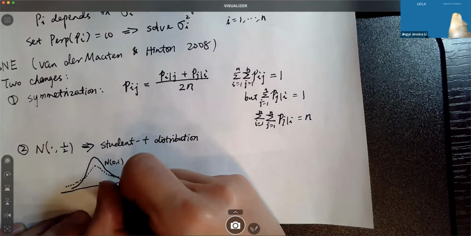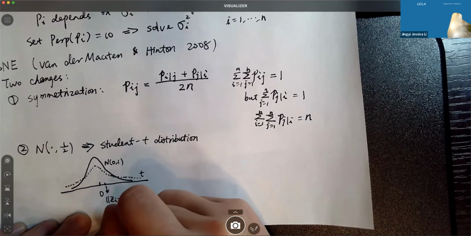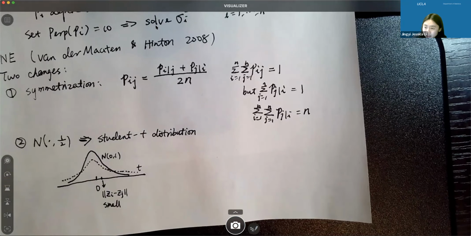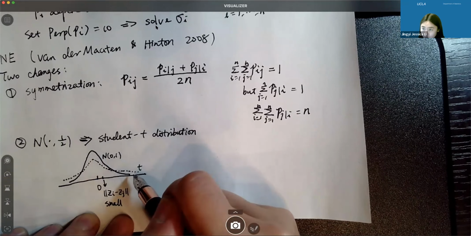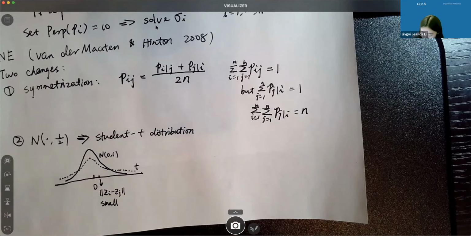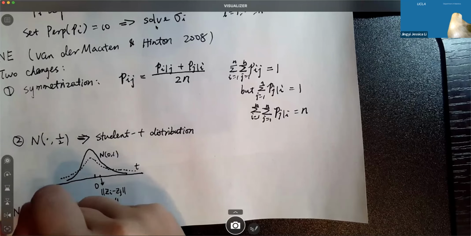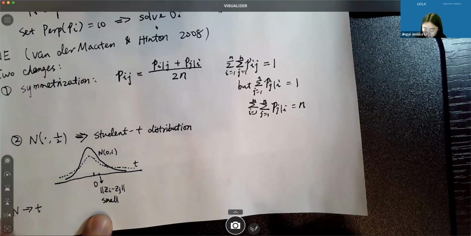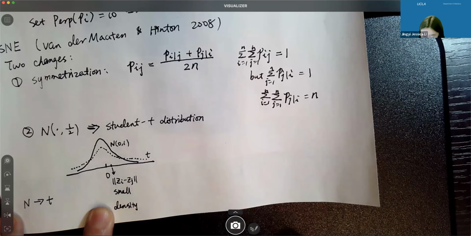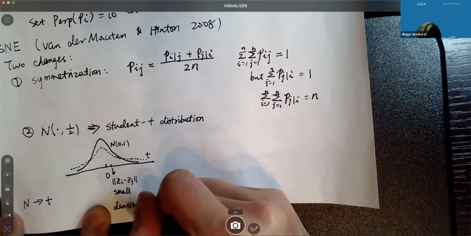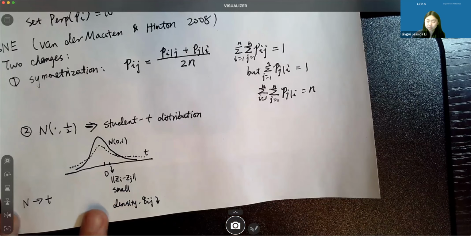So if zi minus zj is small, when two points are close, then the density they receive from t is lower than the density they receive from normal. So changing from normal to t, for small distances the density, as well as the Qij, the low dimensional probability, would decrease. They will be smaller.